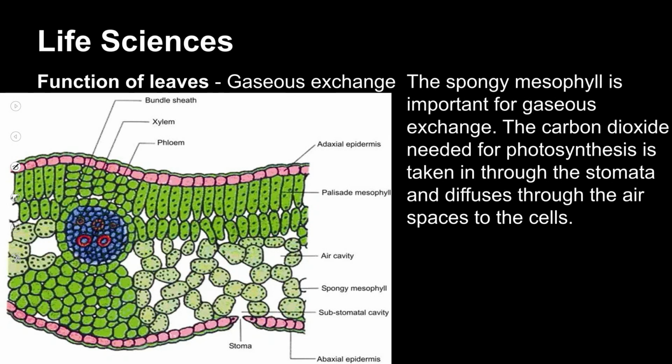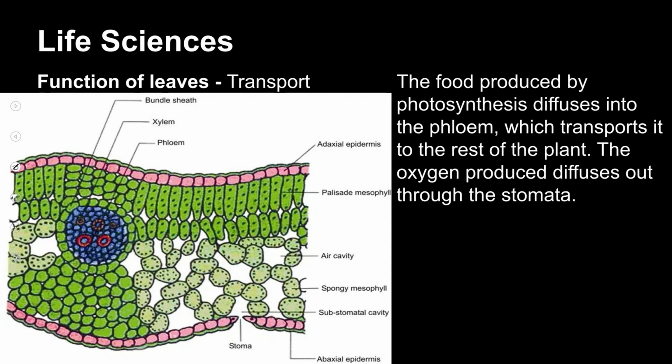So the gases will move in through the spaces and they will move up to the palisade mesophyll so that there is enough carbon dioxide for photosynthesis. Once the food has been produced by the palisade mesophyll, the food will diffuse out into the phloem, and the phloem will transport the food down to the roots.